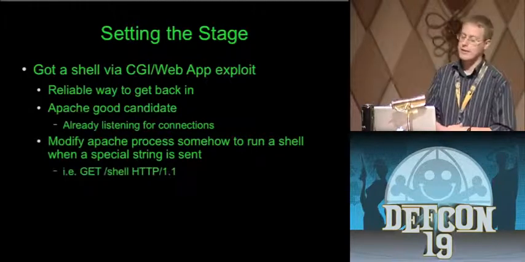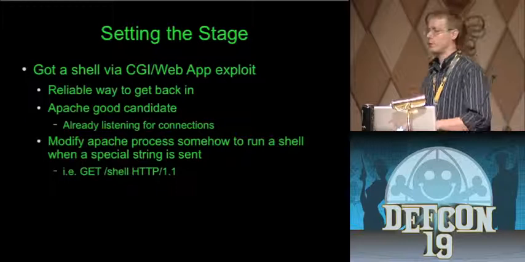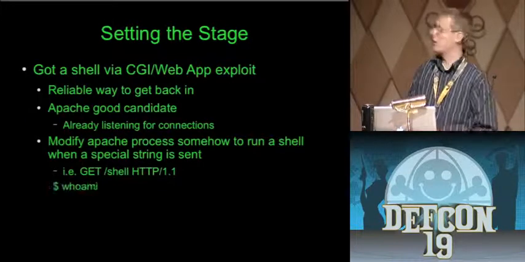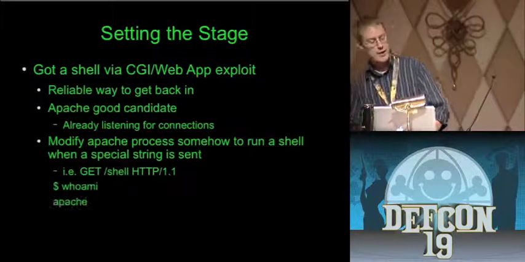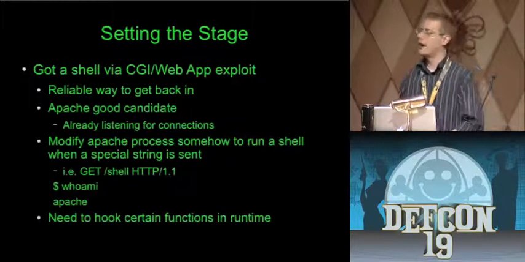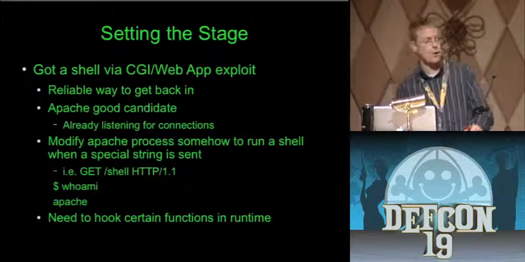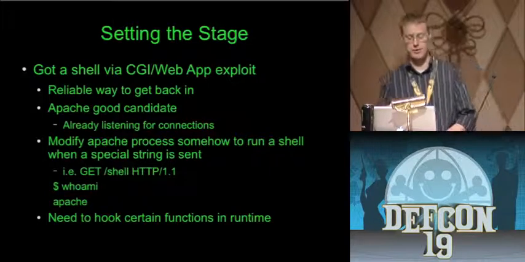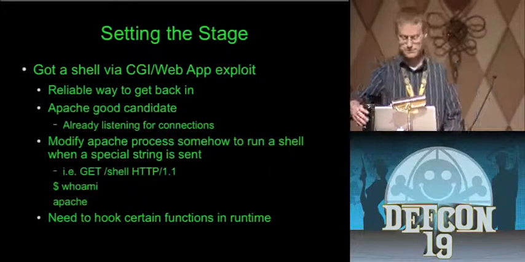So when I send it GET /shell HTTP/1.1, it's going to drop me into a shell, and if I run the whoami command, it's going to say apache. To accomplish that end goal, I need to hook certain functions at runtime. And there are some current techniques for getting your shellcode stored and run.